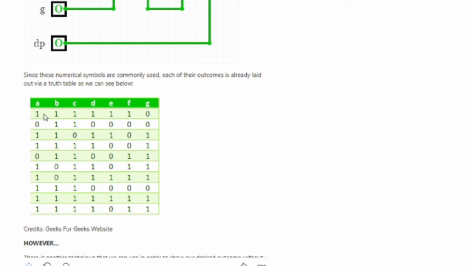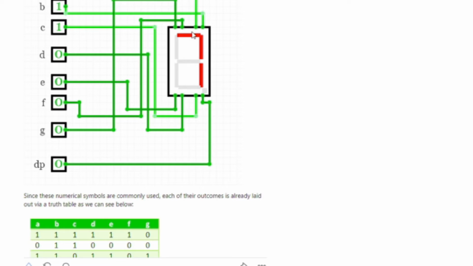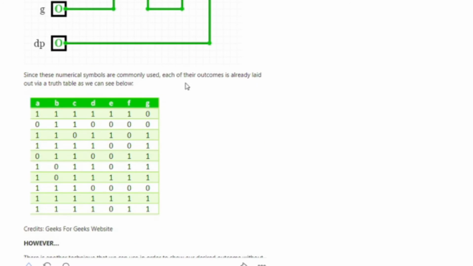To activate the segments that represent 0 as an integer, we should turn on A, B, C, D, E, and F, leaving aside G. So that these segments will turn on and we will be able to see the symbol 0 as an integer.